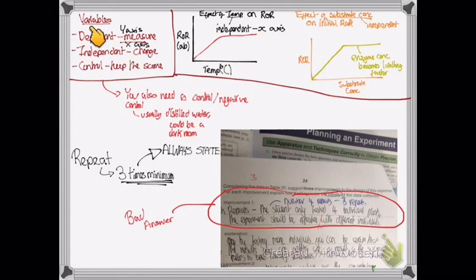Variables. So you've got these 3 variables. Dependent is the one you measure, independent is the one you change, and control are the things you keep the same. But you should also have a control, so a negative control, and that is usually distilled water.